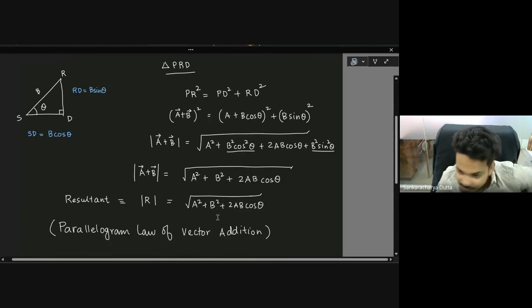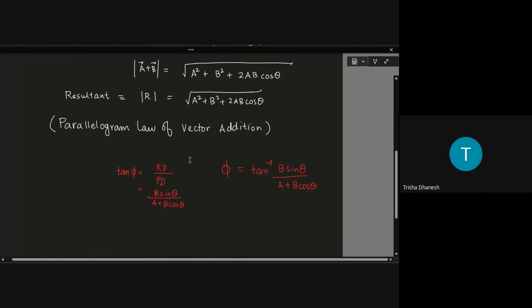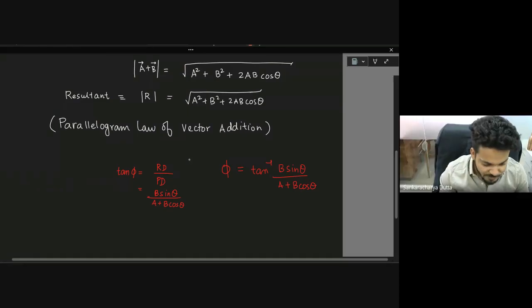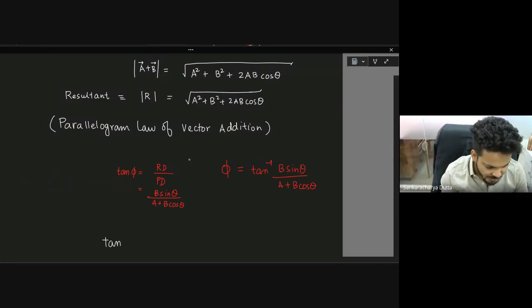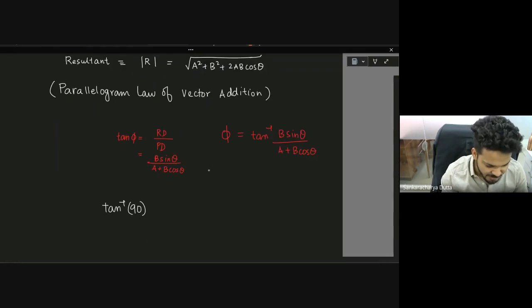Does that mean tan inverse of 90 does not exist? Tan inverse of 90 does exist. It will give you some angle, but it is not equal to 90 degrees. I hope you're understanding. We are dealing with two quantities here, an angle and an answer.